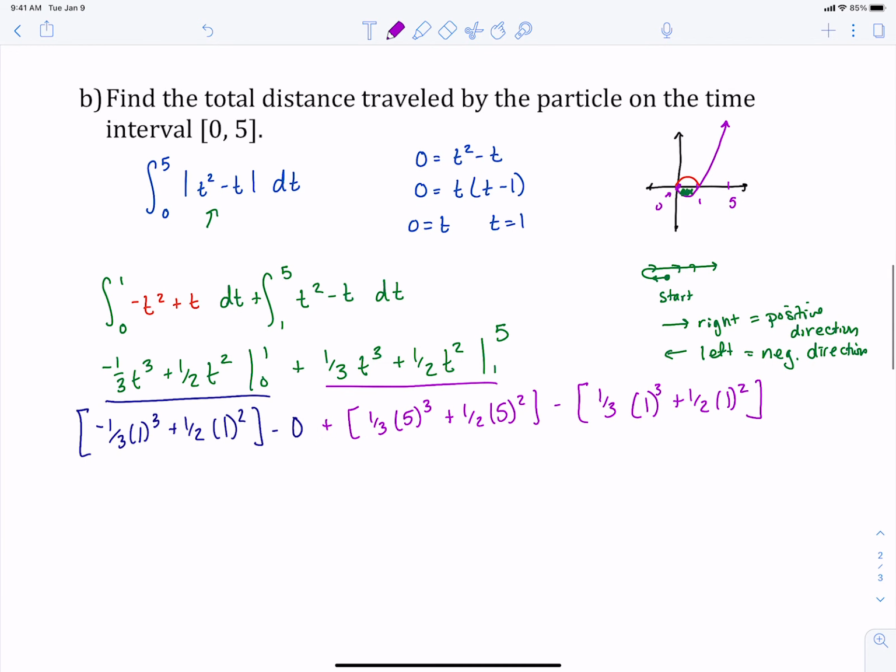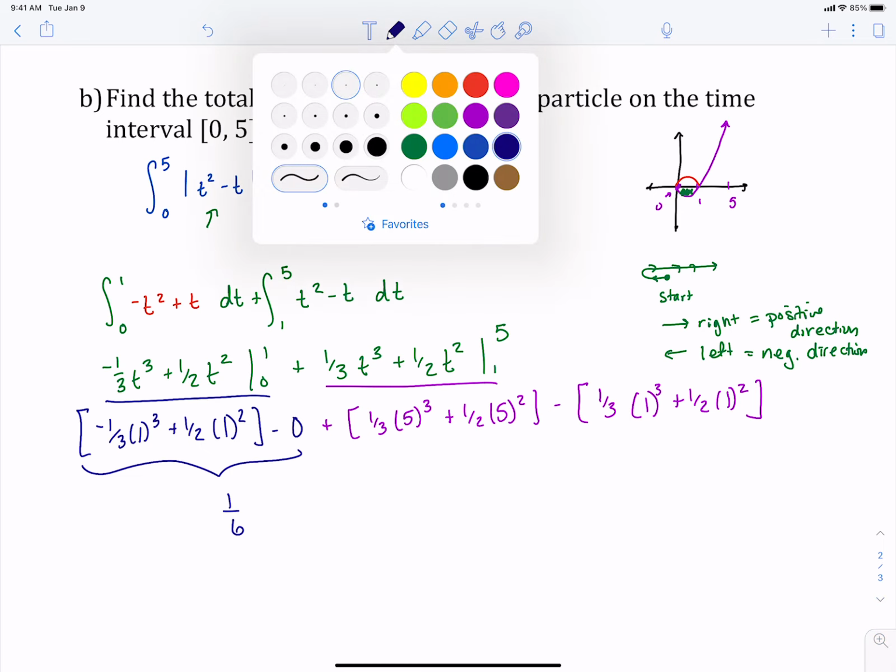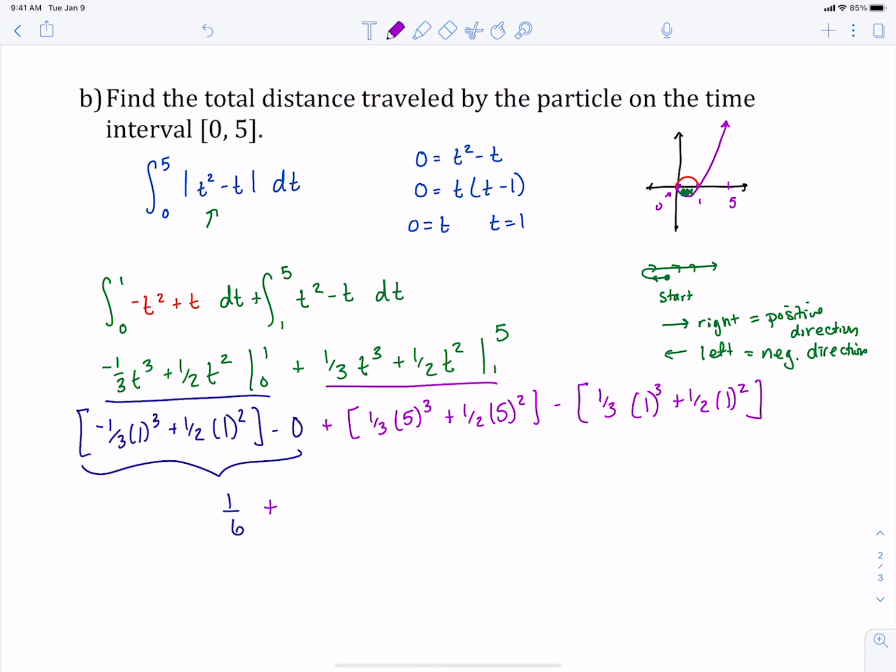So what we get from all of this is that from this first part here, we get positive 1/6. Then let's switch back to the purple here. Then we get 175/6 from this first part, and then minus negative 1/6.